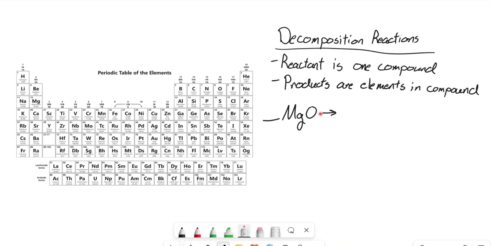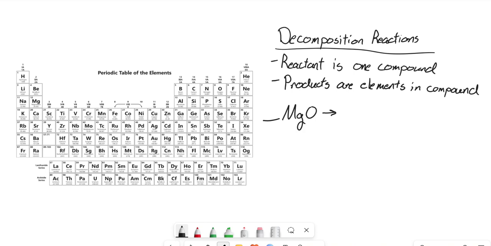Well, kind of a neat little trick here with predicting the products of decomposition reactions is that if you can say the name of this compound, it gives you a really big clue as to what the products actually are. After all, this is magnesium oxide, which implies magnesium and oxygen. And frankly, that's exactly how we should write the products.